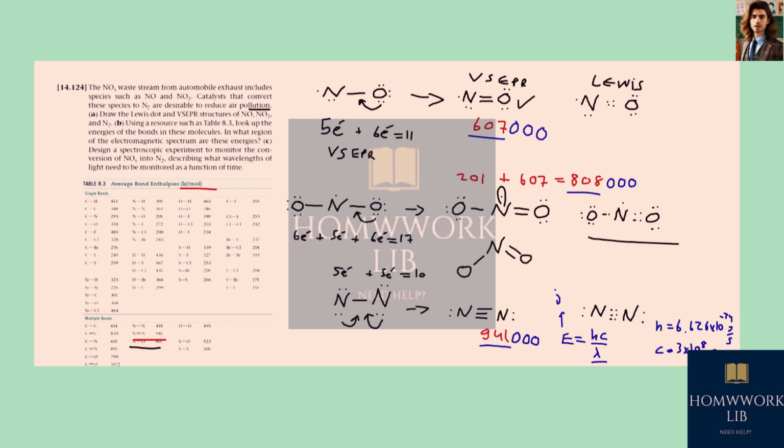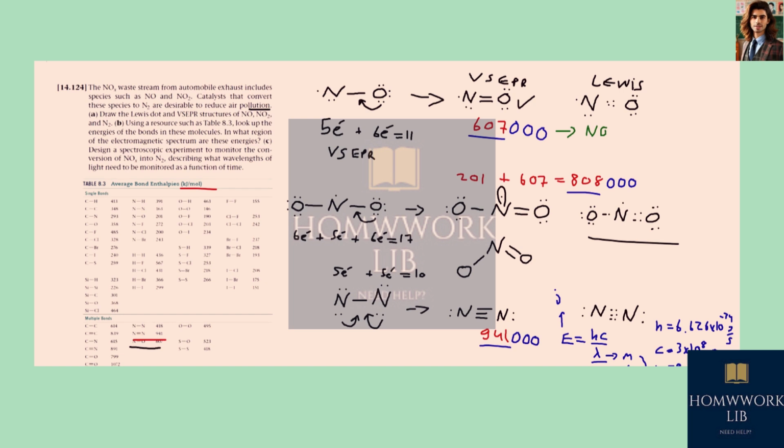And lastly, don't forget the lambda value you're going to get is going to be in meters, but you want to look at nanometers. So to convert meters to nanometers, this is the multiplication factor between these two.